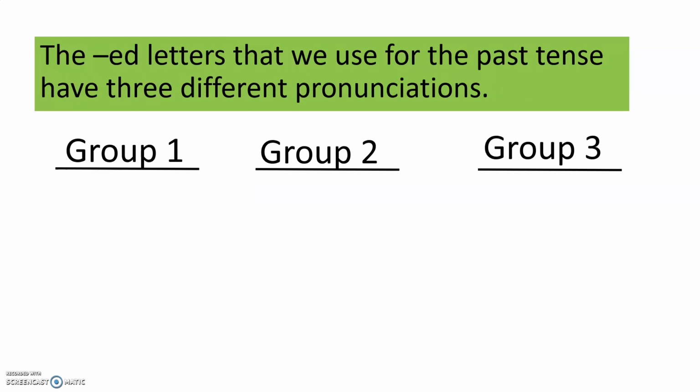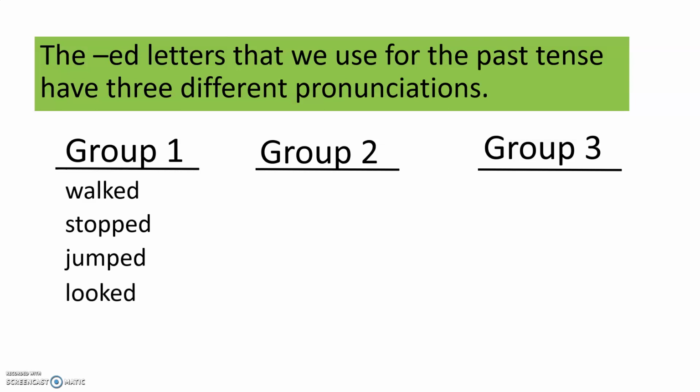Now, the ed letters that we use for the past tense have 3 different pronunciations, and I'm going to pronounce some words for you, and I want you to listen to see if you can understand what is the same between the words in these groups. Starting with group 1: walked, stopped, jumped, looked, laughed.